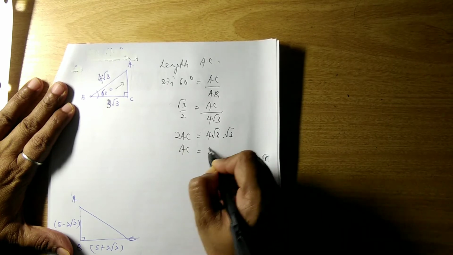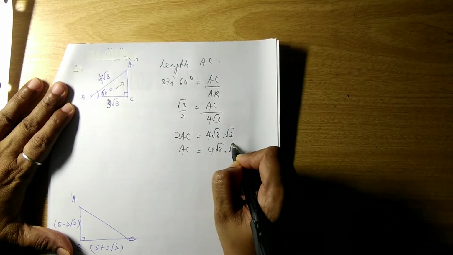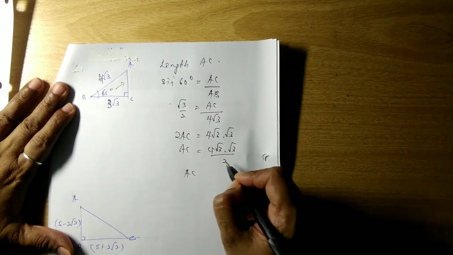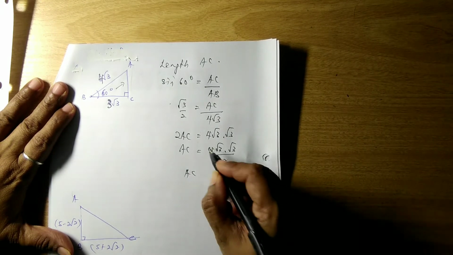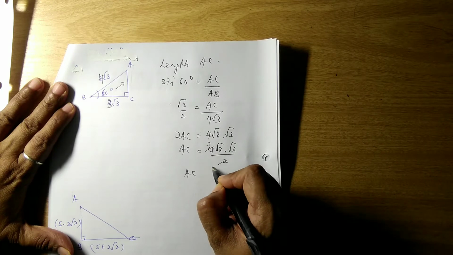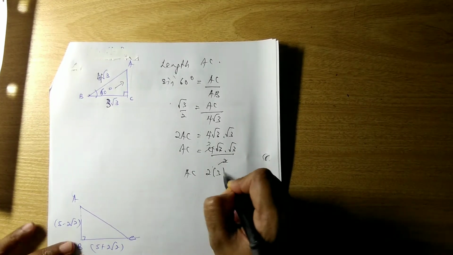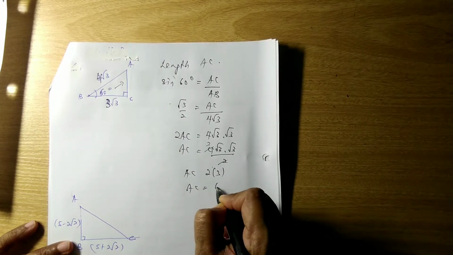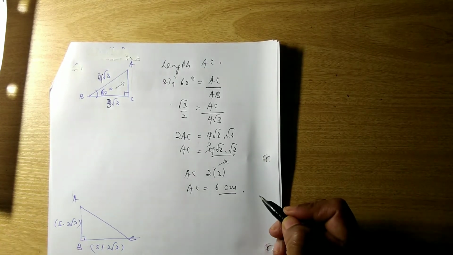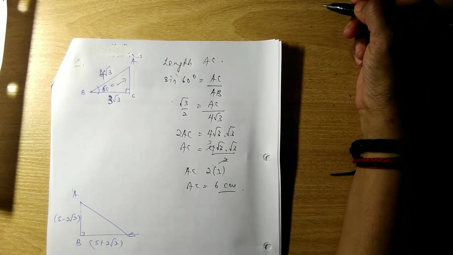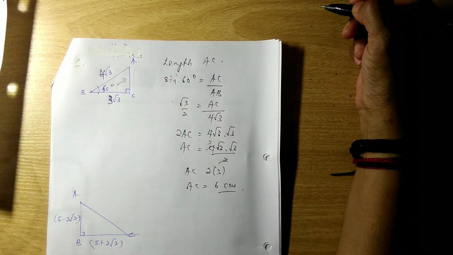So AC is 4√3 times √3 over 2. So AC will become 2, and √3 times √3, I get 3. So AC is 6 cm.